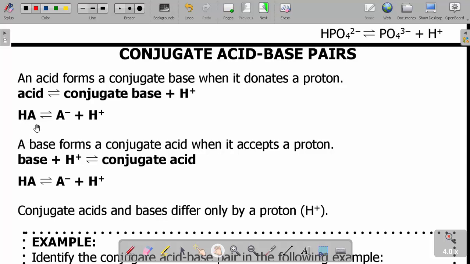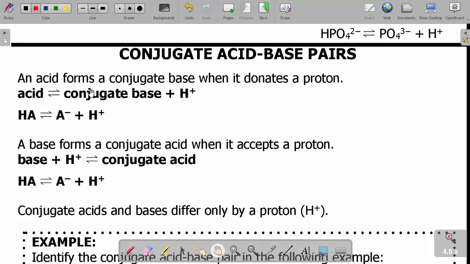Acid HA donates this proton, so the remainder, which is A minus, is called a conjugate base. Let me repeat. The acid donates a proton, then whatever is left is called a conjugate base. So the acid HA donates this proton, and what is left is A minus. So the A minus is called the conjugate base.